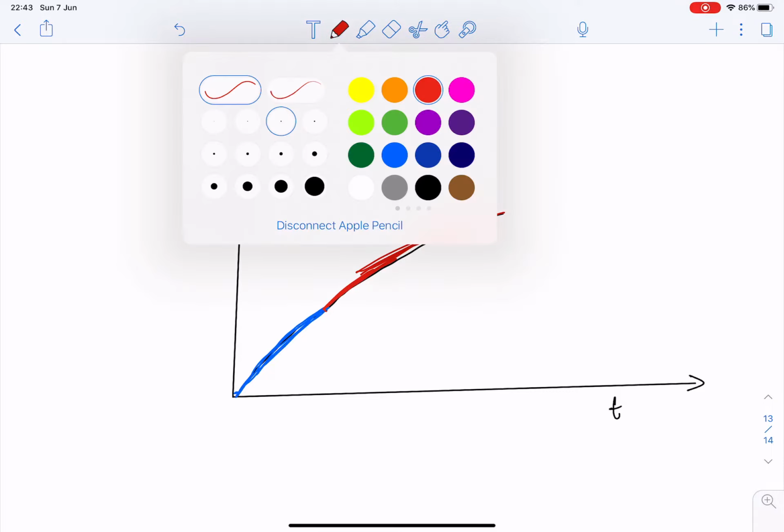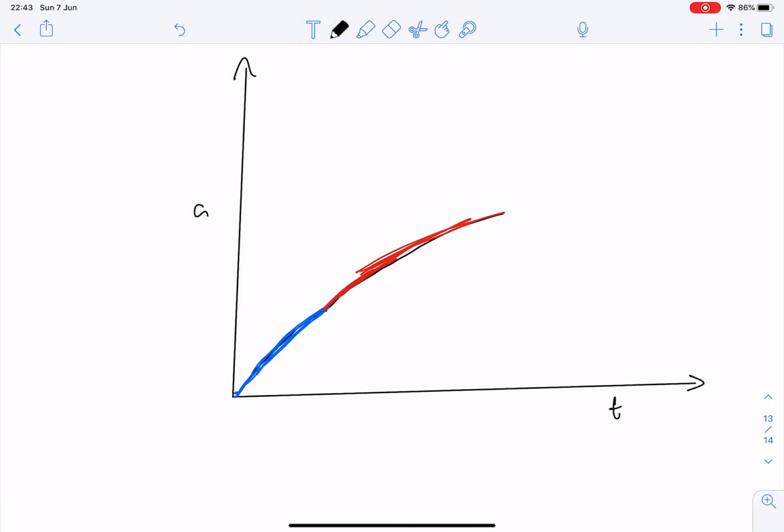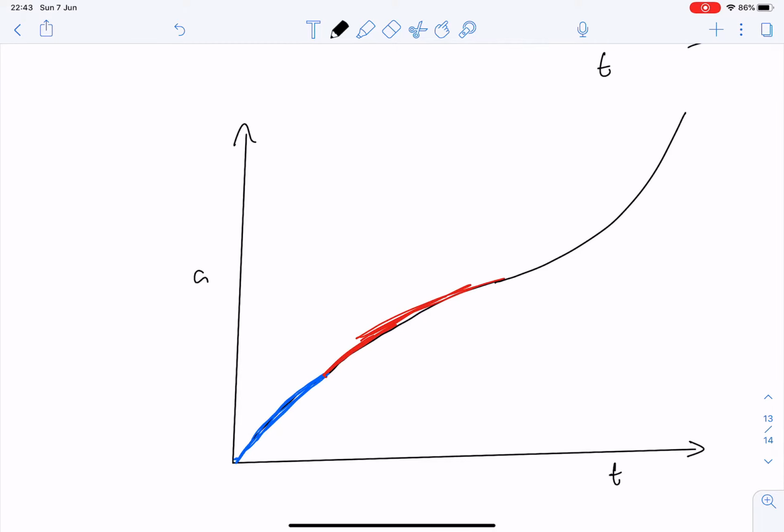I'm sorry, this is very badly drawn. So rad, matter, lambda.